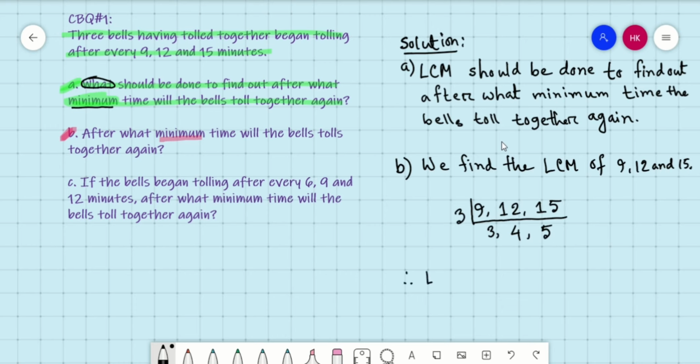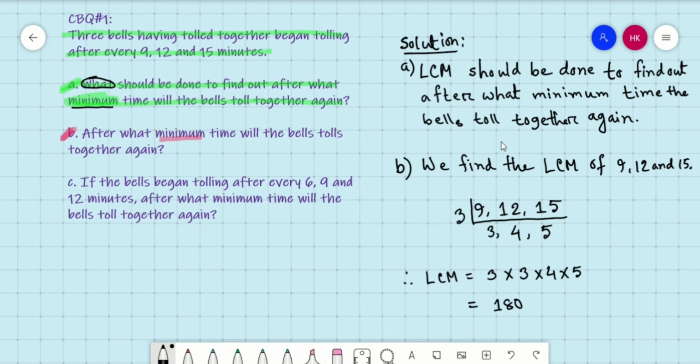So the LCM will be, we just multiply the 3 times the numbers below the line, that means 3 times 3 times 4 times 5. So the answer of the LCM will be 3 times 3 is 9, 9 times 4 is 36, 36 times 5 is 180 in total. Now how can we write the answer here?